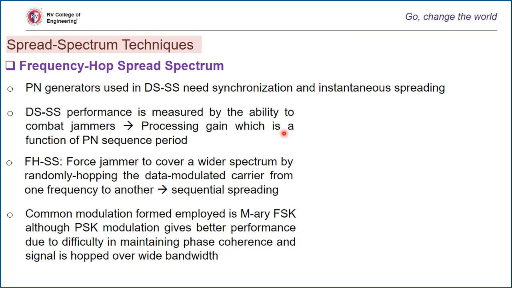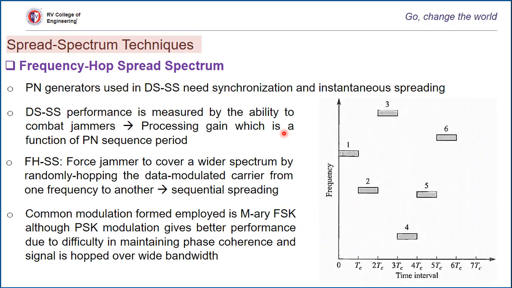In a frequency hopped spread spectrum communication system, the available channel bandwidth is divided into a large number of contiguous frequency slots. In any signaling interval, the transmitted signal occupies one or more available frequency slots.